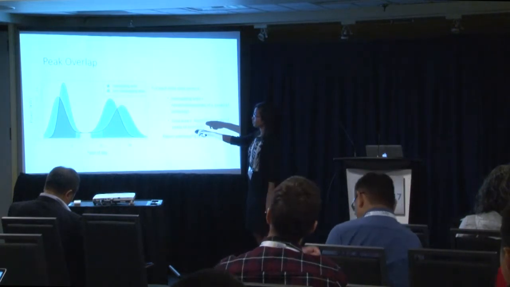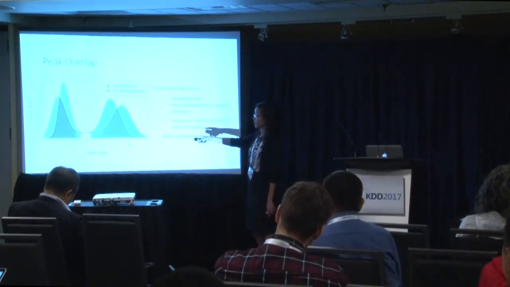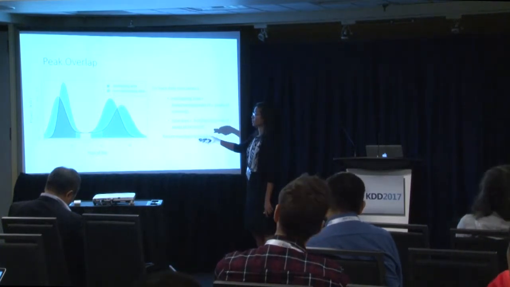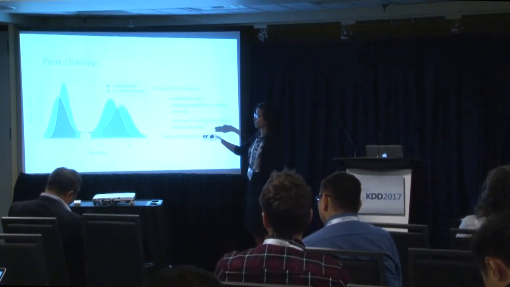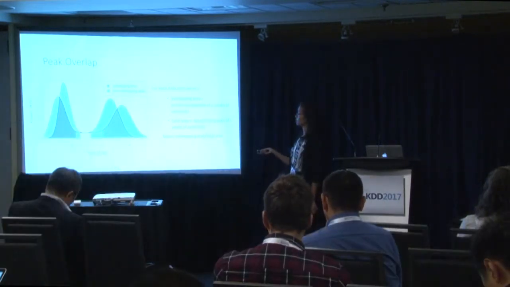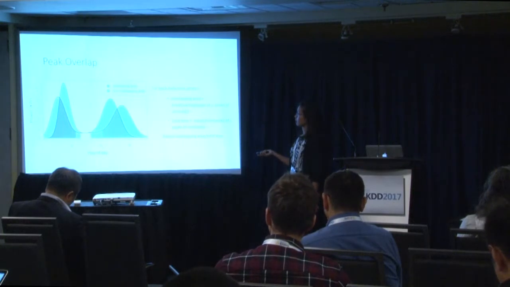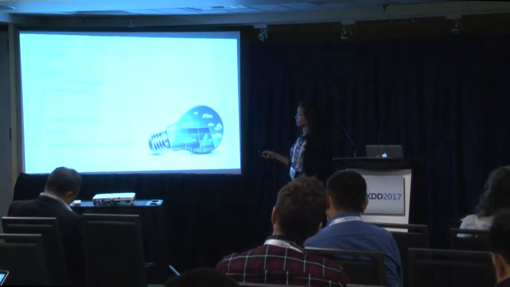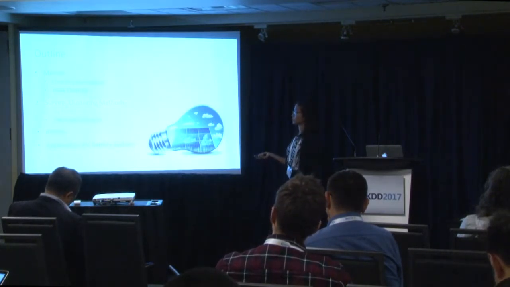To measure how well the peaks overlap, we take the blue area and divide that over the sum of the blue and the green areas here. So just looking at the overlap of the peaks. And these are two metrics that we can use to measure how well our clustering represents our load shapes.